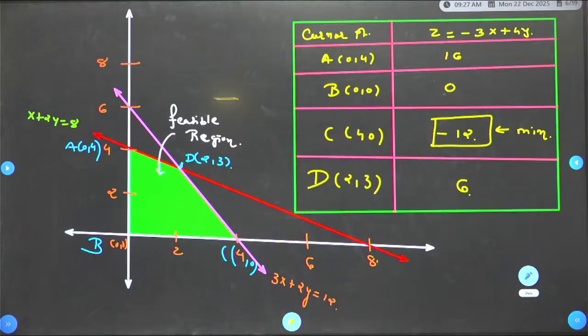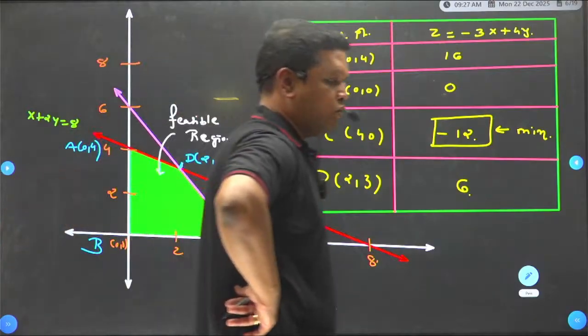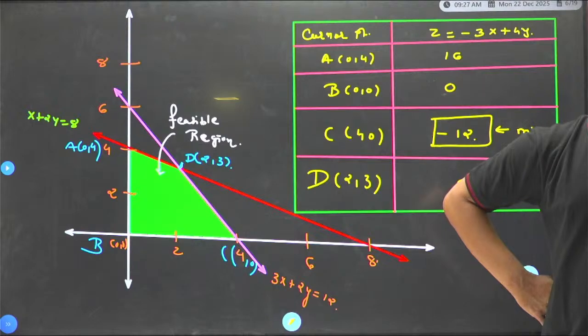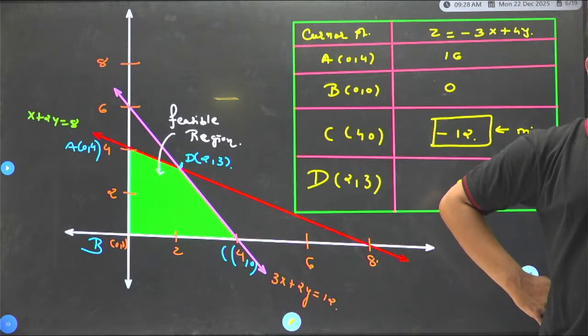Now write the last line. At point 4, 0, minimum value is minus 12.